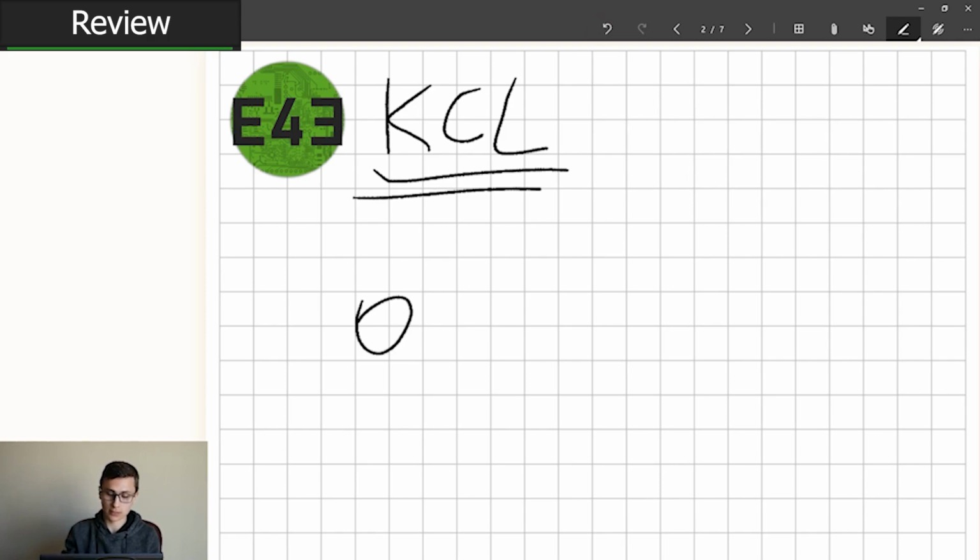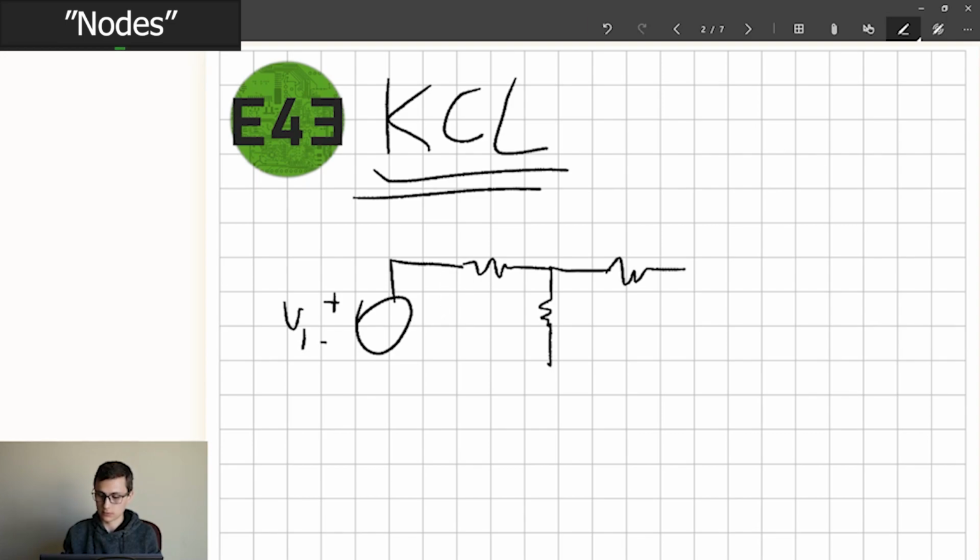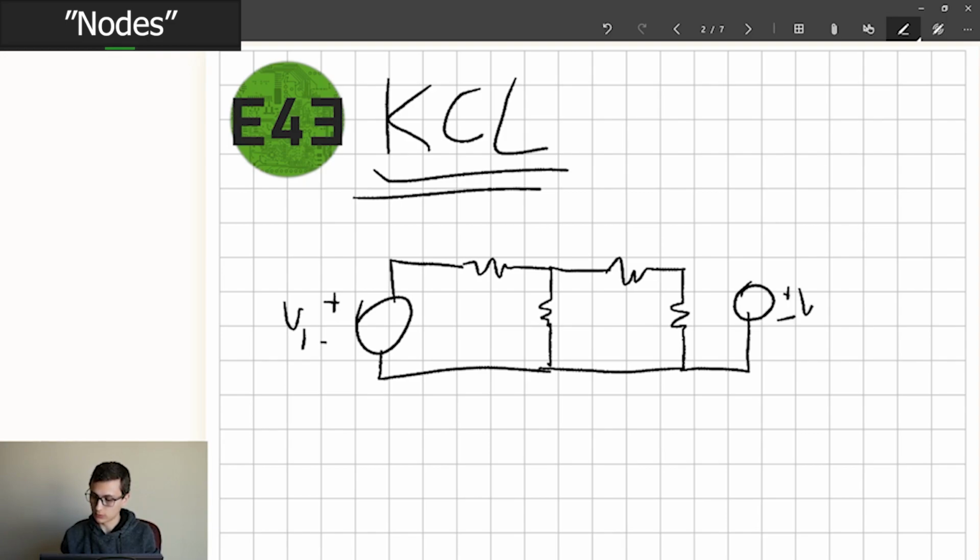Let's say we've got something like this. We've got V1, and we've got a resistor. And just for good measure, let's add another voltage source over here with, you guessed it, a resistor.